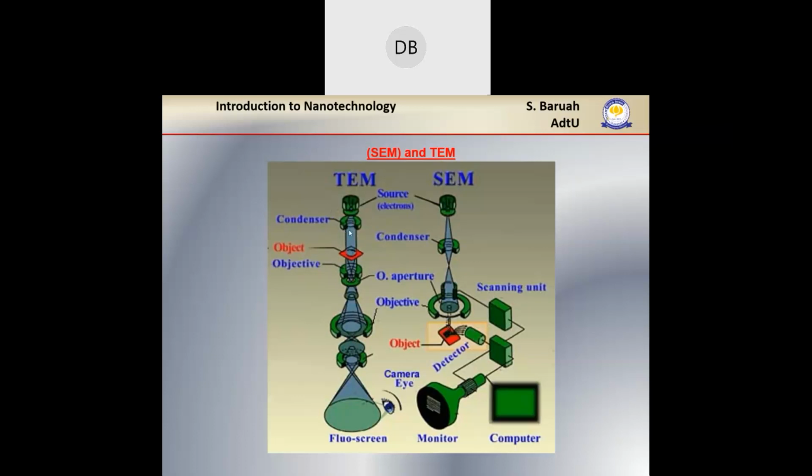All things are after that. The detector and everything is below the object we are trying to observe. The electron beam has to pass through the object, and whatever electrons pass through are then observed by the detector. They have a screen here where the electron beam falls.